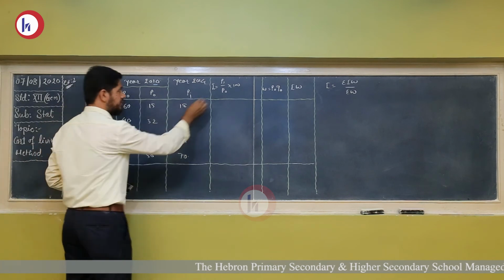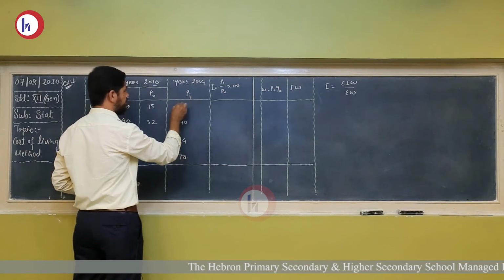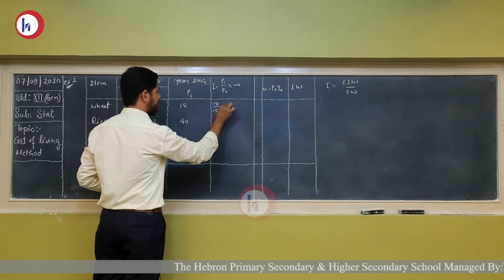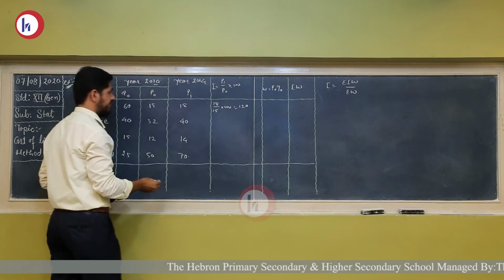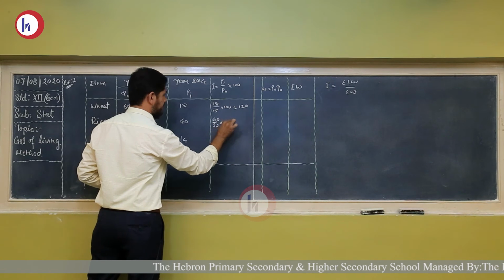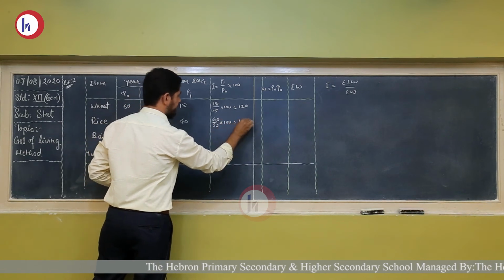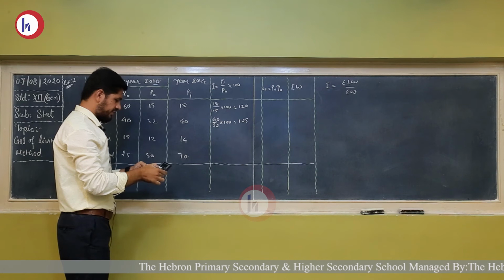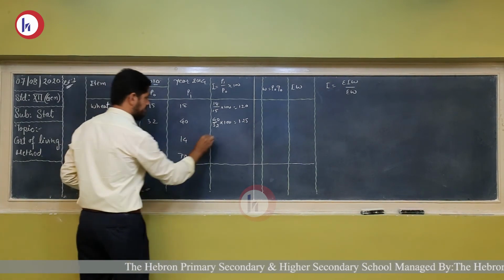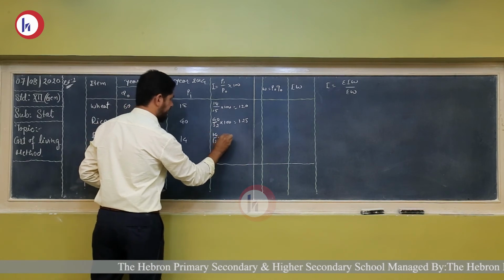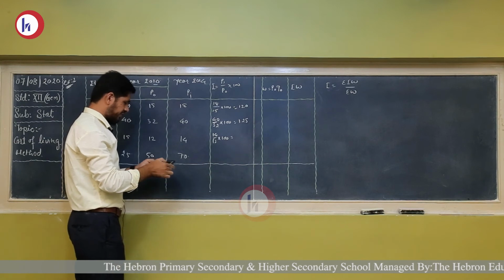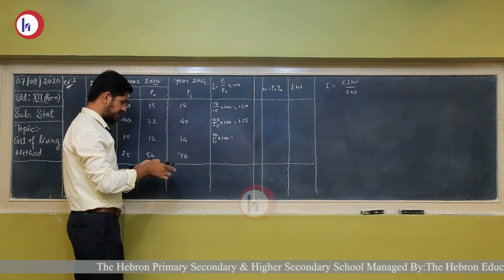Now input this value into this formula, so P1 upon P0 into 100, so 18 divided by 15 into 100, that is 120. 40 divided by 32 into 100, 125, let's check it, 40 divided by 32, 1.25, then 14 divided by 12 into 100, that is 116.67.